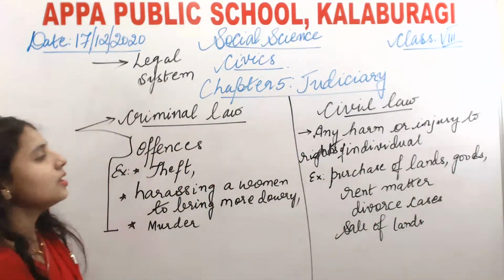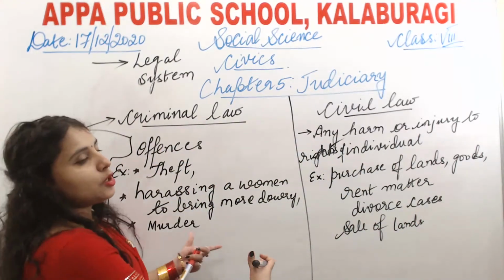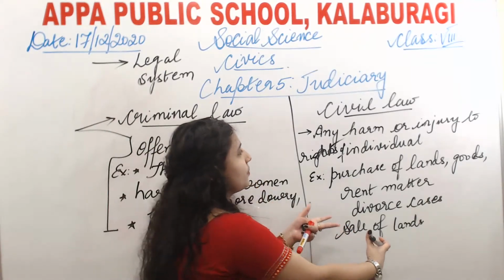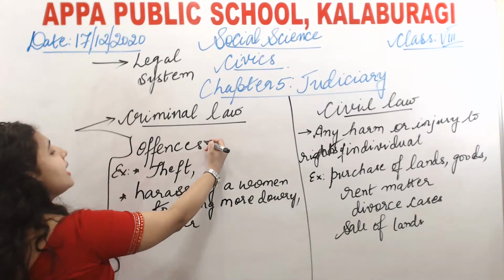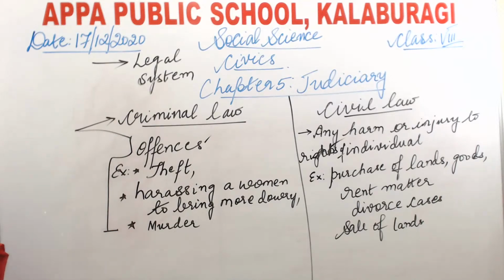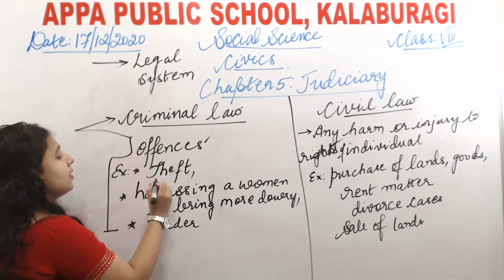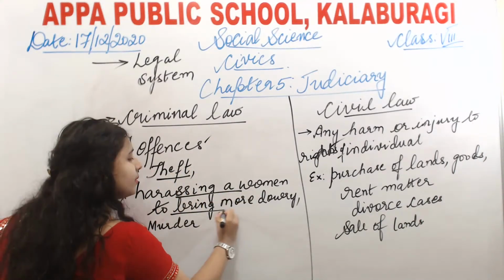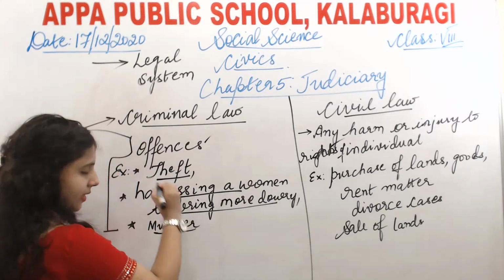So here you can see the difference between criminal law and civil law. Criminal law deals with offenses. Examples: theft, harassing a woman to bring more dowry, murder.